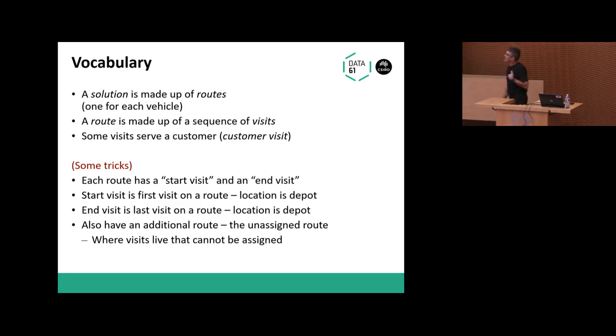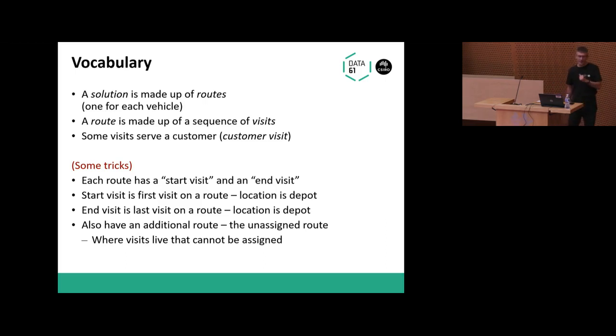So, a bit of vocabulary. We've got a solution made up of routes, and in this case, we're going to have one for each vehicle. Our route has a sequence of visits, and some visits serve a customer. One trick is that each route has a start visit and an end visit.